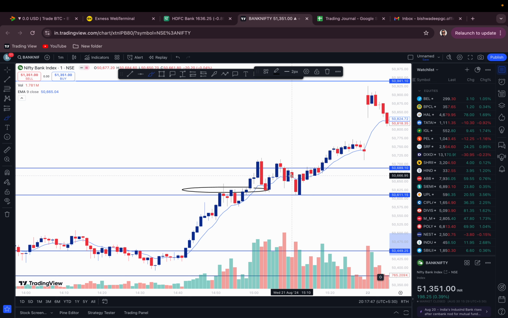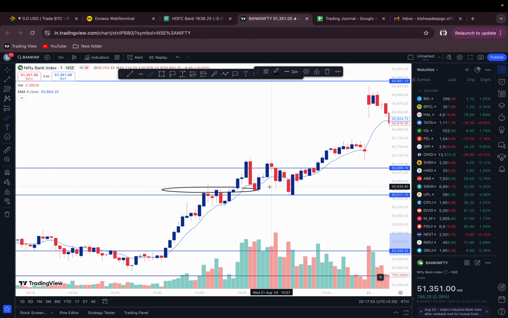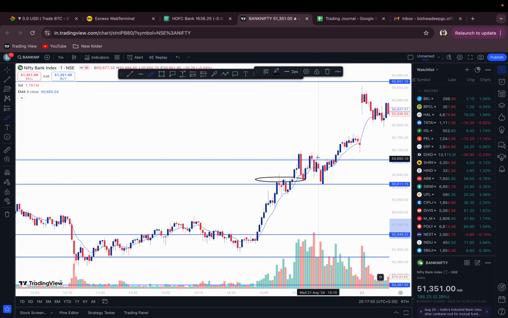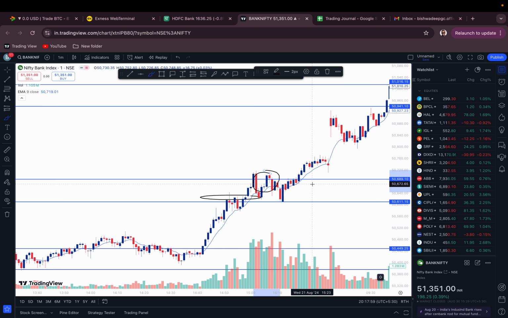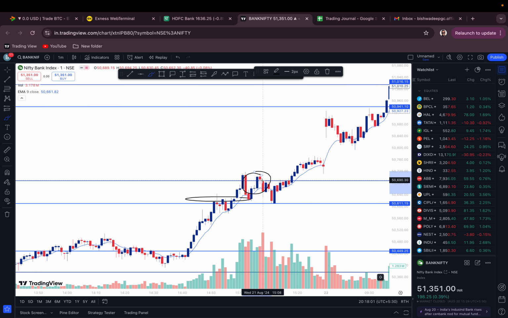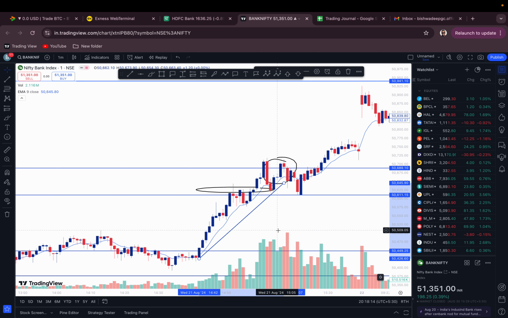It was nothing like a setup, but I took this trade because I thought it was in the uptrend movement. Let me draw this trend line. See, this is called a trend line. Whatever line I have drawn, this is called a trend line.